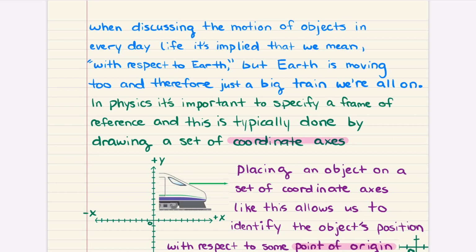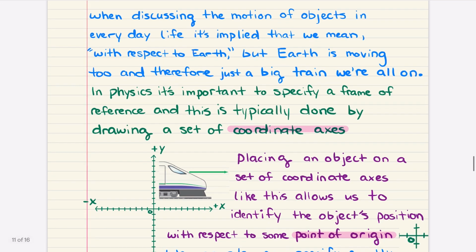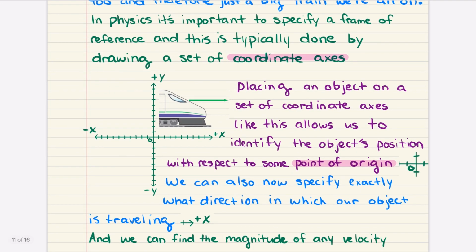And this is typically done by drawing a set of coordinate axes, right? And so what that does is it tells us what direction is positive x, what direction is positive y, negative x, negative y. All right, so placing an object on a set of coordinate axes when you're discussing it physically, this allows us to identify a lot of things about the object, all right? It allows us to identify the object's position with respect to some origin point.